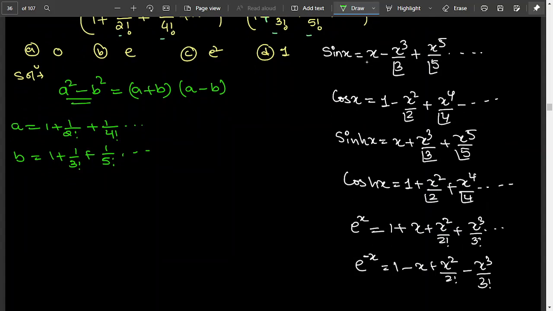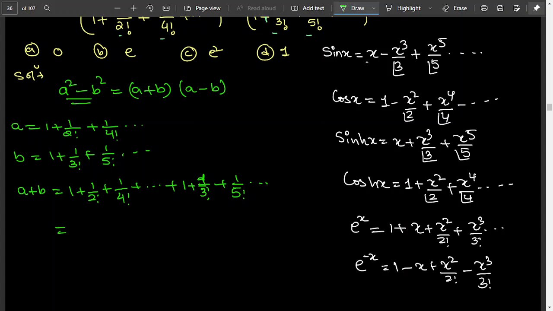Right, so if I find a plus b, then it will be 1 plus 1 plus 1 upon 2 factorial plus 1 upon 4 factorial plus so on, plus 1 plus 1 upon 3 factorial plus 1 upon 5 factorial and so on.